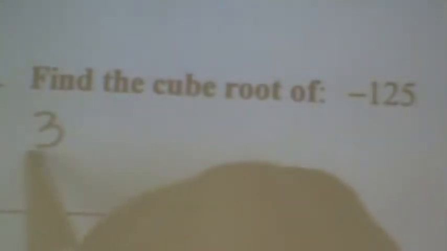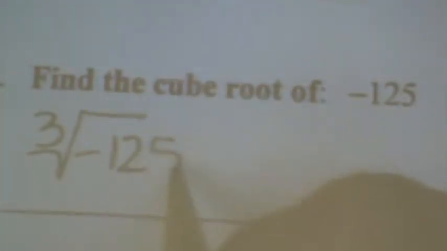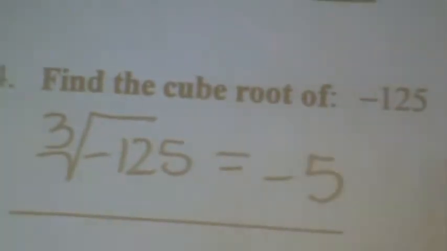Next one. The cube root of -125 is -5. The 4th root, when you're taking an even root, the 4th root of 256 is plus or minus 4. That's when you use plus or minus, when the index is even.